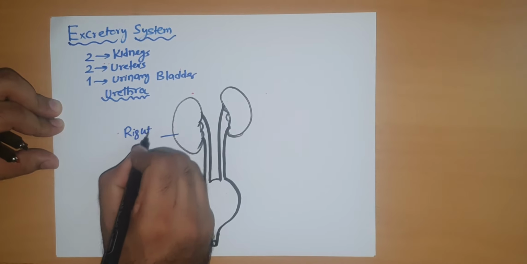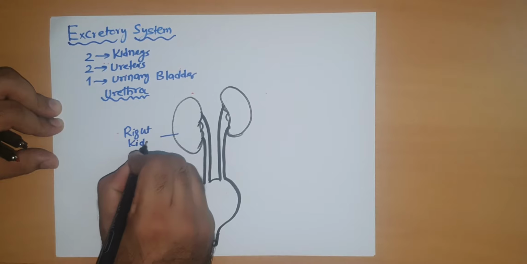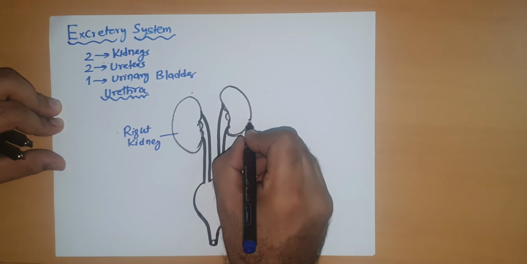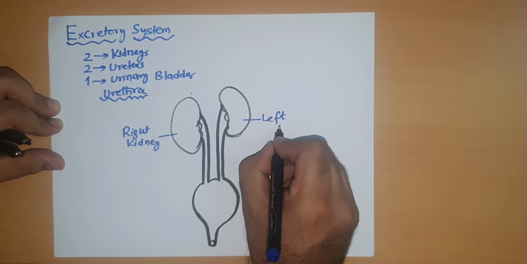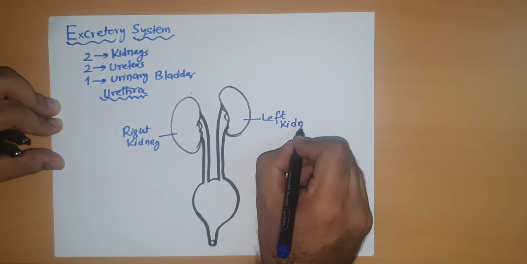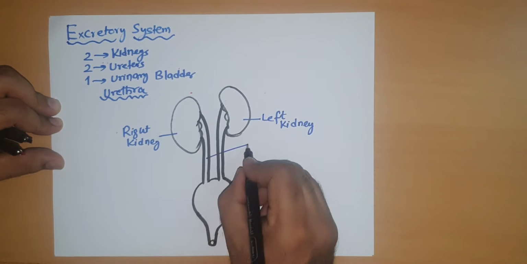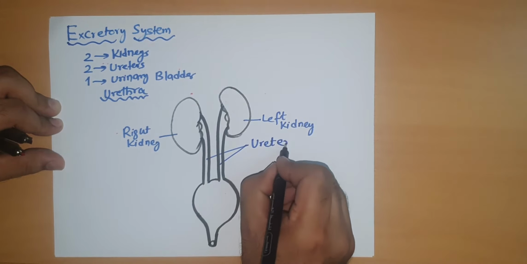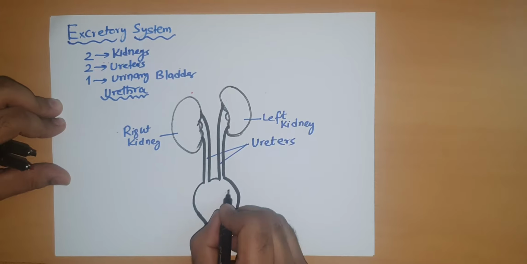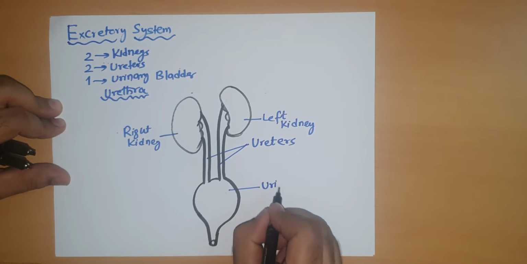So this over here is the right kidney. This over here is the left kidney. And these both are the ureters. And then this is the urinary bladder.